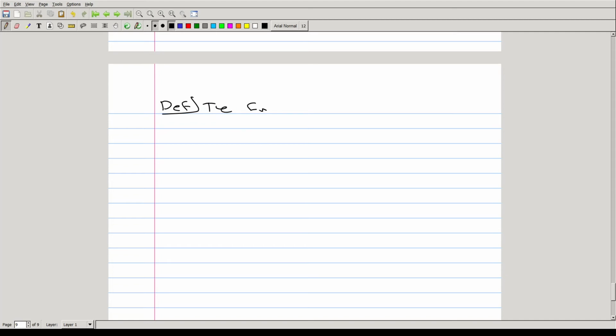The function f from A to B is said to be a bijection or bijective.